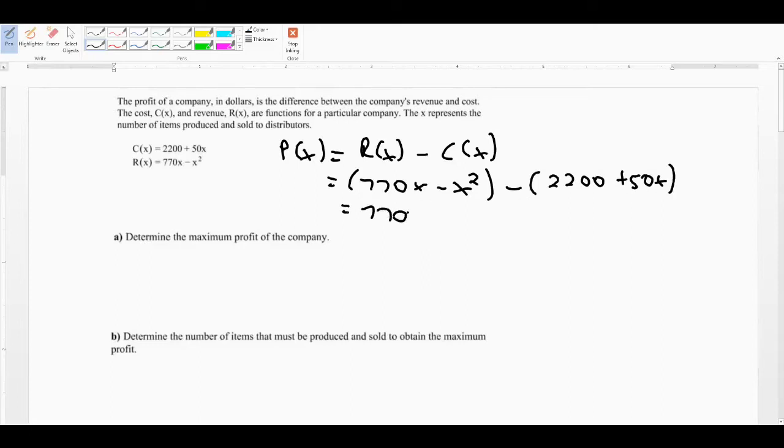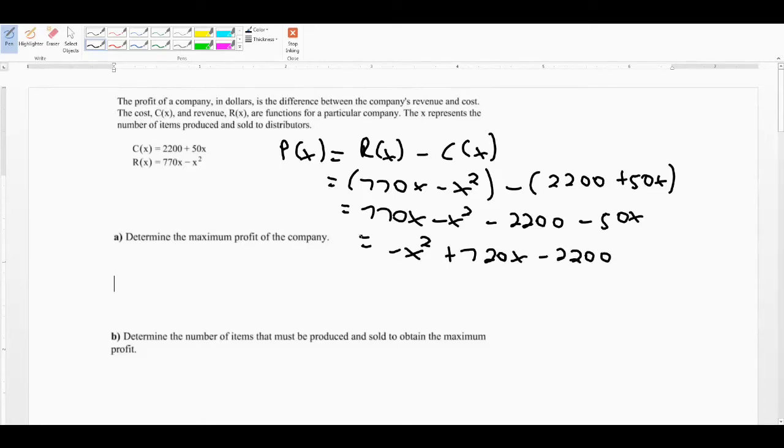But first, I want to get rid of the parentheses. So I'm going to distribute the minus sign to the second parentheses, and we get negative 2200. And then negative times the positive is a negative 50x. Then we're going to combine our like terms. Starting with the x squared, the negative x squared comes first. And then we have 770x minus 50x, which is a positive 720x. And then minus 2200 remains. So that's our profit.